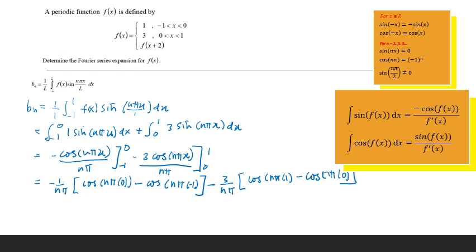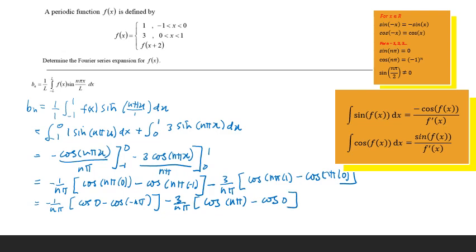Simplify, we get -1 over n pi, cos 0 minus cos minus n pi. Since we have cos minus n pi, we refer to cos minus x. Then minus 3 over n pi, so we have cos n pi minus cos 0.